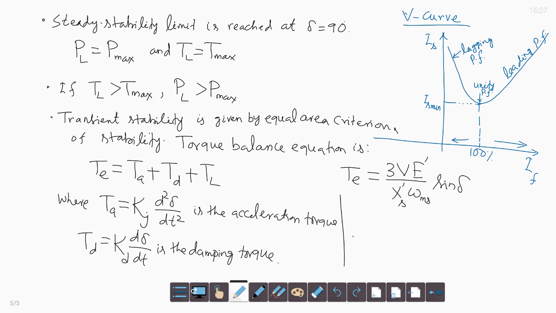So, this x s dash and E dash are the reactance and EMF behind the transient reactance.